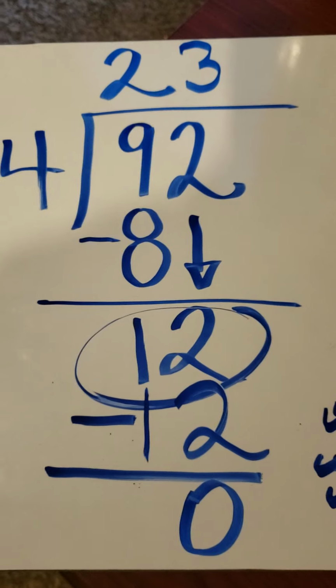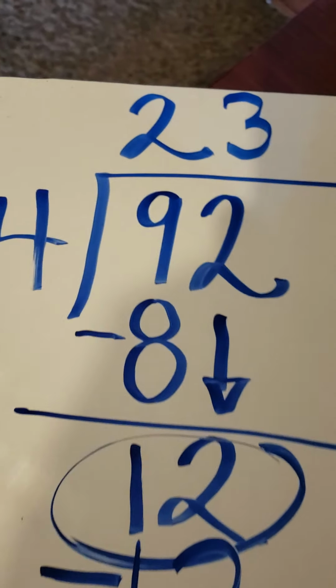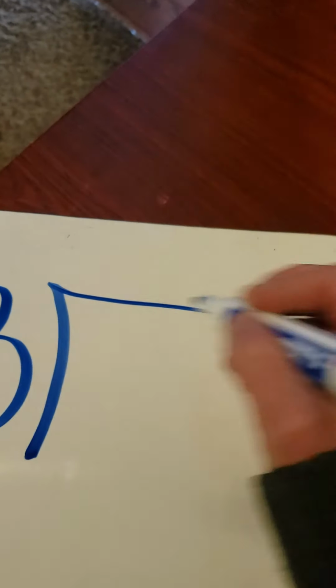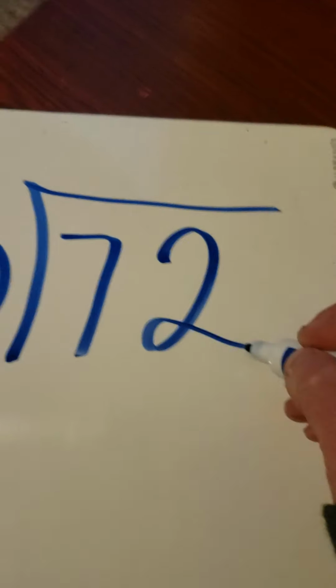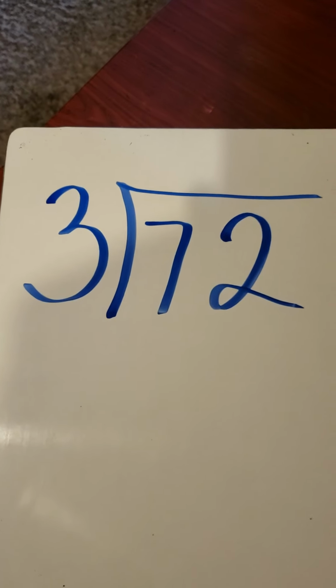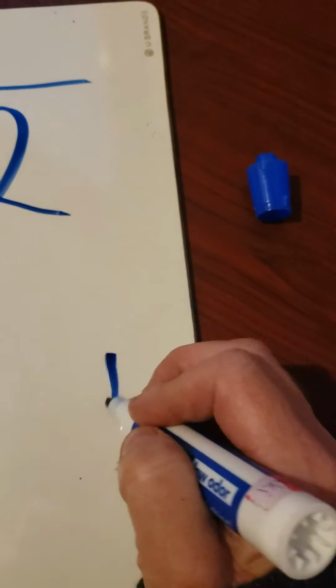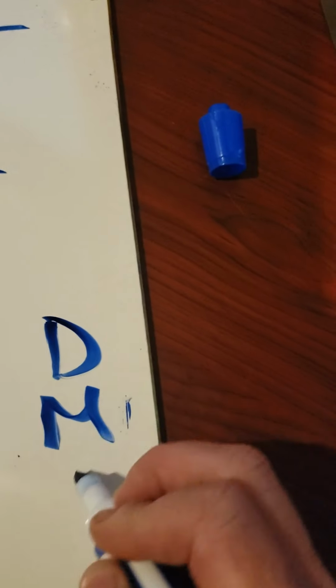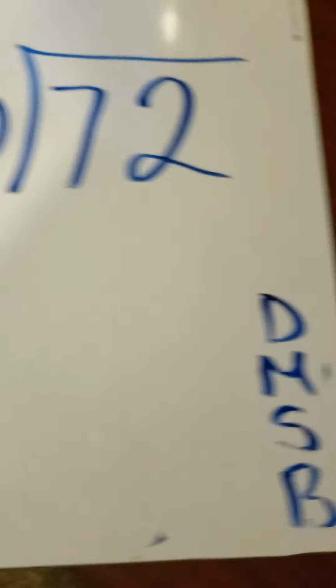We're going to work through one more of these, okay, my loves? And let's fit 3 into 72. Okay, we're going to put our steps down here. Divide, multiply, subtract, bring down.